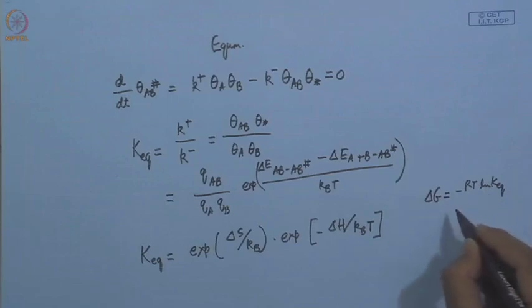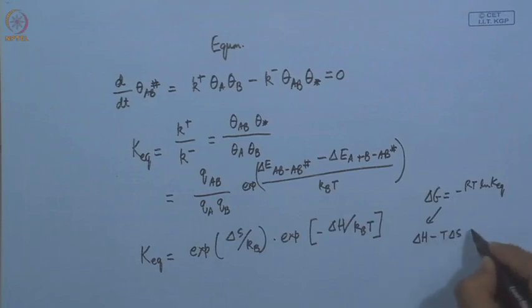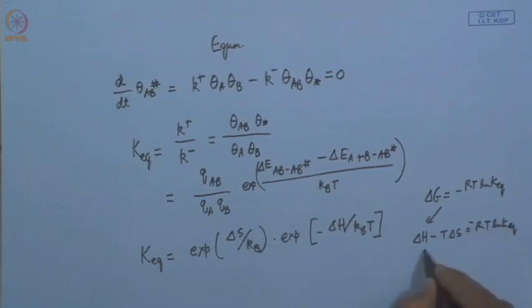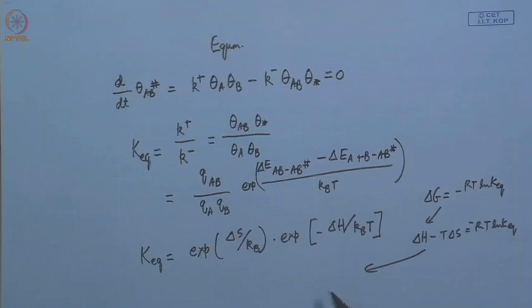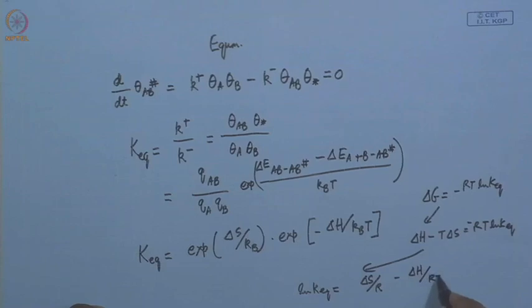So delta G is equal to delta H minus T delta S, equal to minus RT ln K equilibrium. From this we can write ln K equilibrium is equal to delta S by R minus delta H by RT. If you take the exponential of both sides, then you will get this expression.